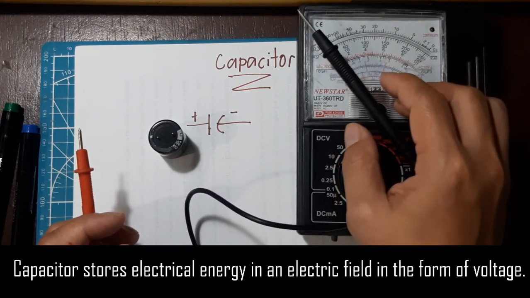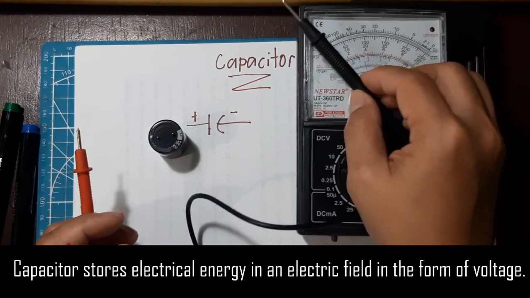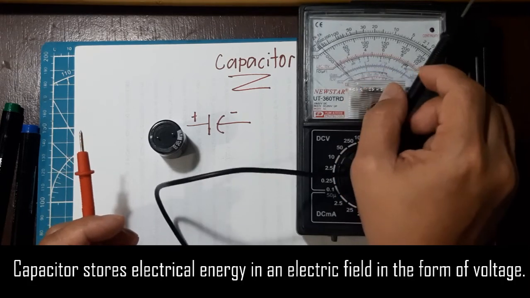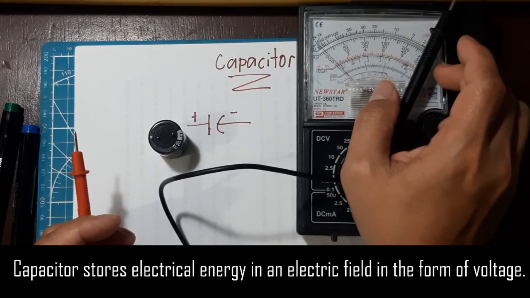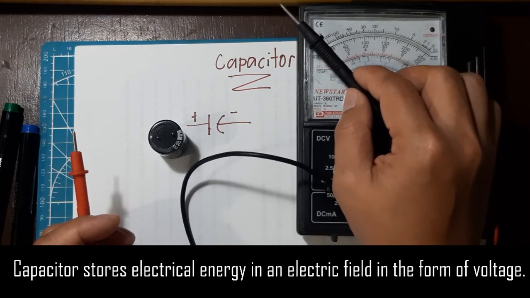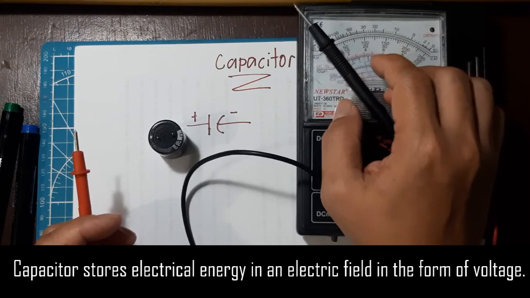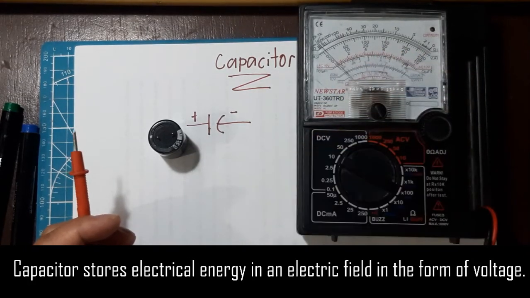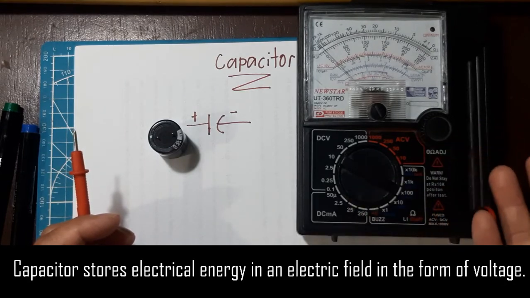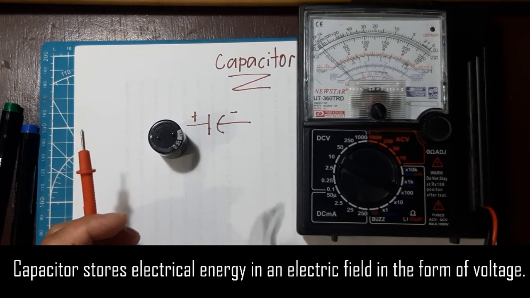Same thing with another condition. If our capacitor did not deflect to low resistance and back to the infinite reading, or it's just at rest like high resistance, we can conclude that our capacitor is open circuited. So low resistance means short circuit, high resistance means open circuit.